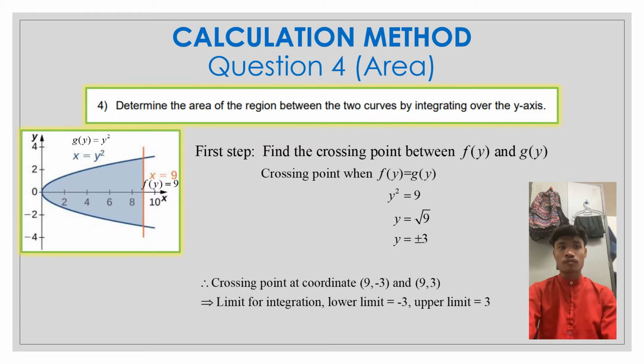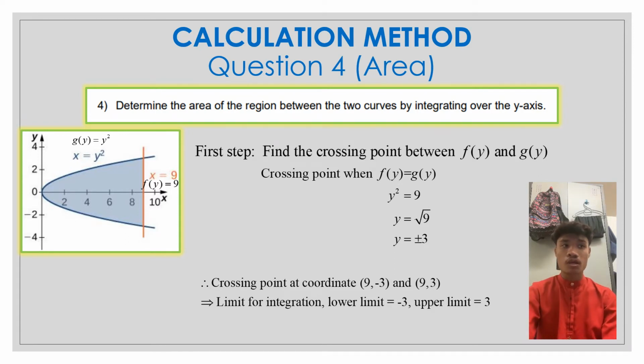Thank you, Azam. The question is about the area. First, I read the question: determine the area of the region between the two curves by integrating over the y-axis. We find that g(y) in the diagram is y squared and f(y) is 9. To solve this, first we find the crossing point between f(y) and g(y).